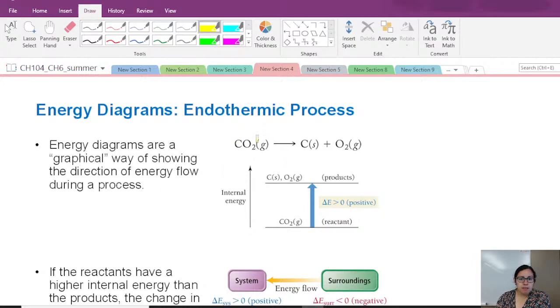Looking at this process, if we did the opposite, splitting CO2 into carbon and oxygen, this would take energy. Looking at your reaction diagram in this case, our products are higher, and so again, that would take energy.